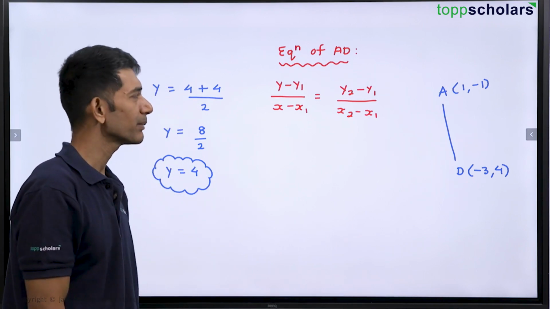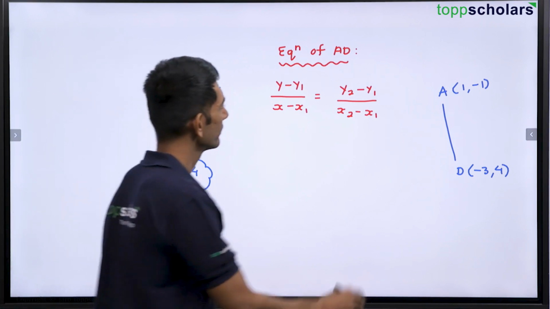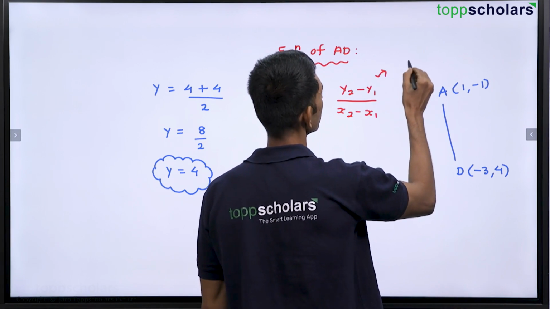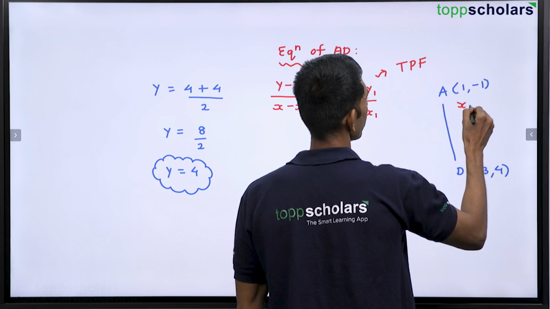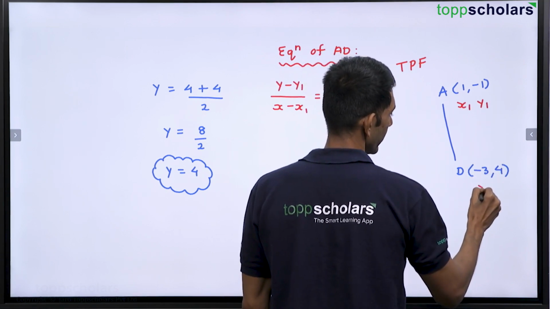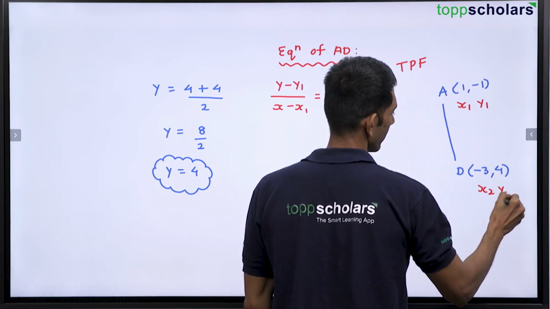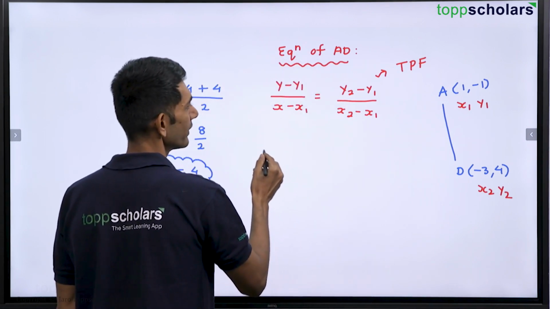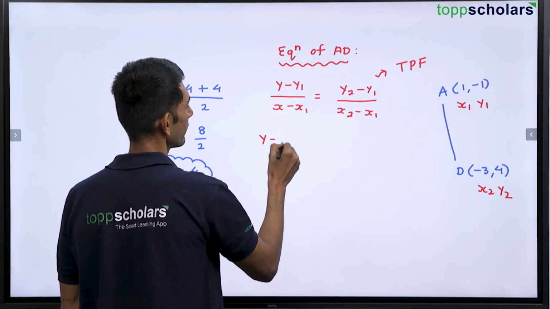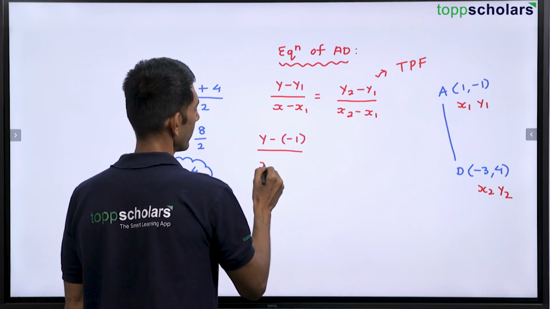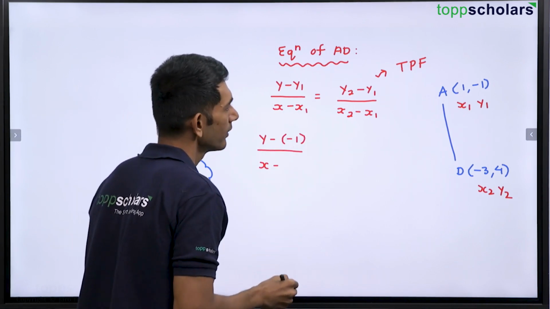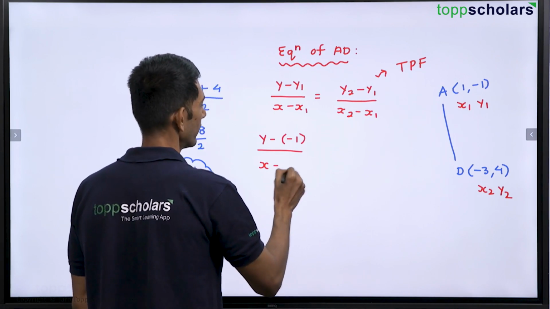As I said, there are multiple ways of writing 2-point form. This is 2-point form. So this can be taken as x1 y1. This can be taken as x2 y2. So y minus y1, that is y minus minus 1 by x minus x1, which is 1.